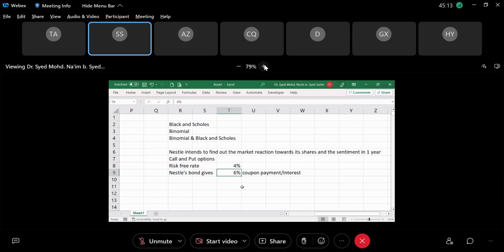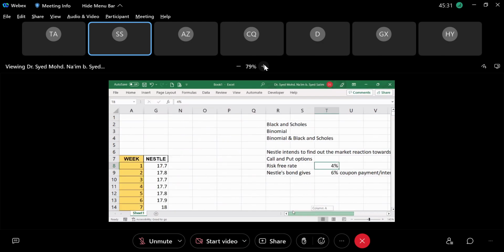So Nestle's bond here is giving 6% bond payment annually. Risk-free rate is 4% annually. So how are we going to find the price of Nestle's call and put option?